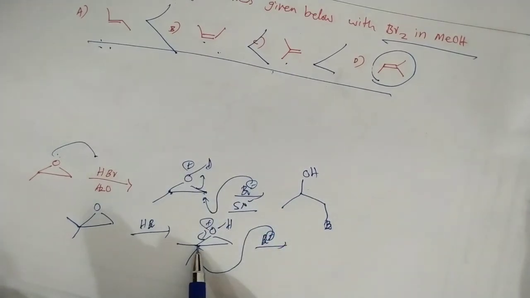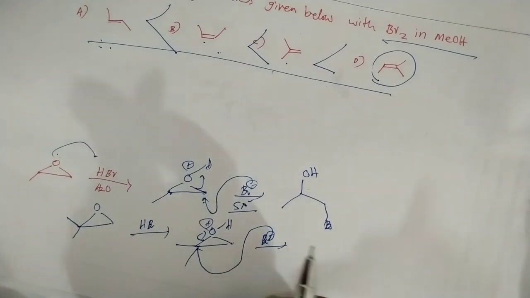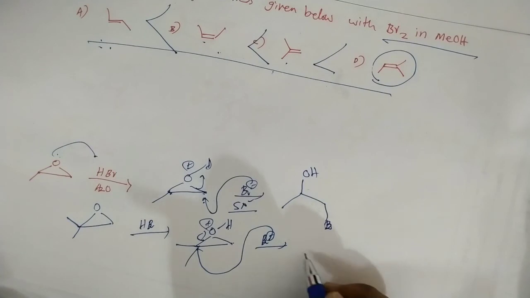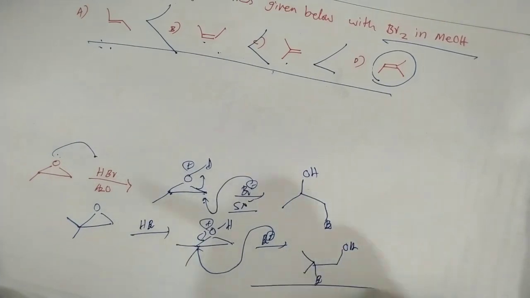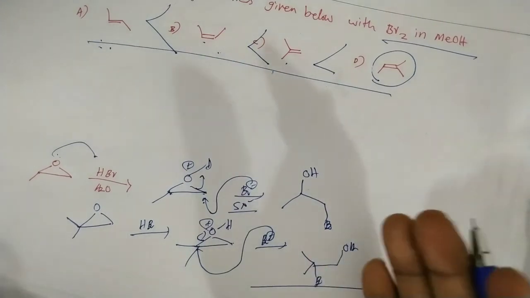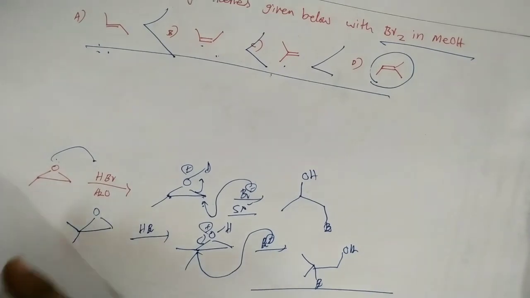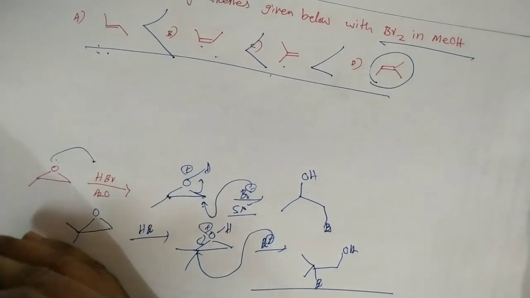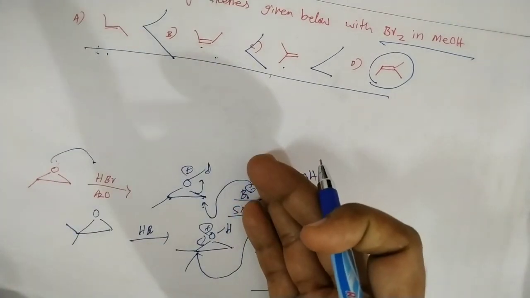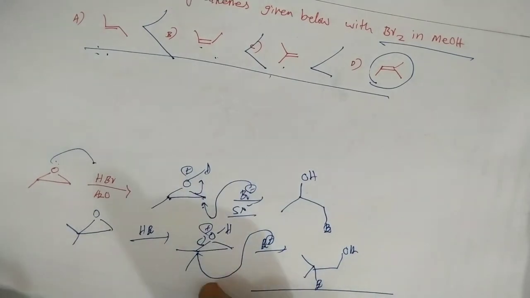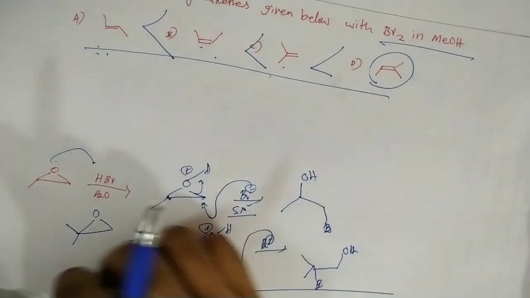Here in this case there is a tertiary and a secondary carbon, so an SN1 type reaction must be possible. So here Br and this one is OH, different products, meaning the mechanism depends on the substrate. Even though it is acidic medium, based on the structure of the ether, in one case it is completely SN2 type reaction, and in another case SN1 type reaction. Okay, that's it.